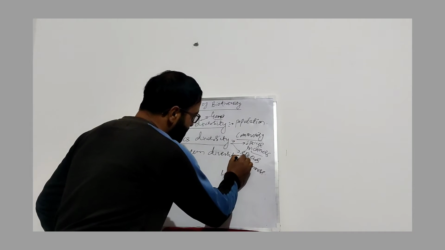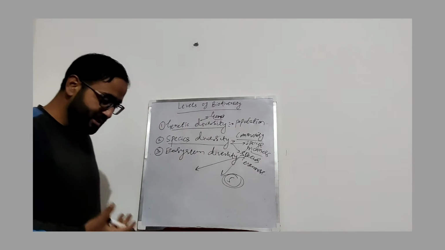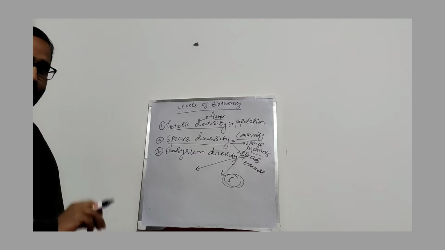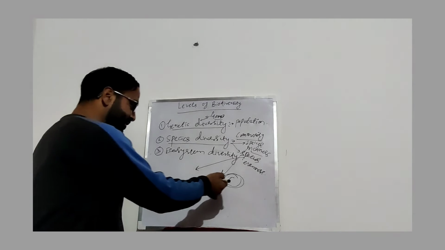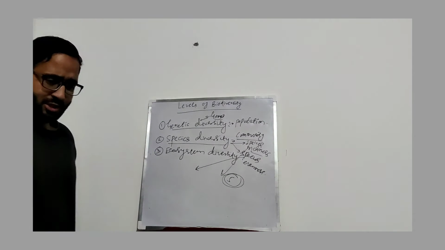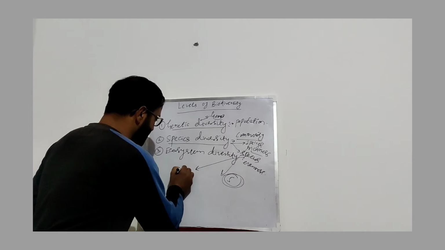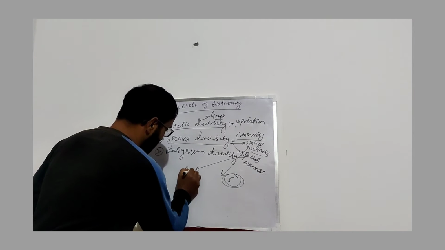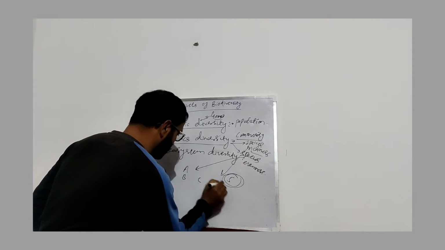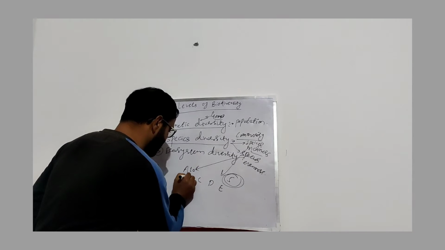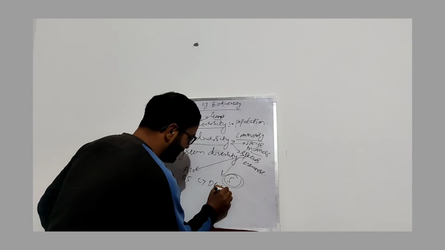Now species evenness tells us about the relative abundance of individuals present in species. For example, we have 5 species, A, B, C, D, E. This has 10 members, this has 5, this has 7, this has 6, this has 11, for example.